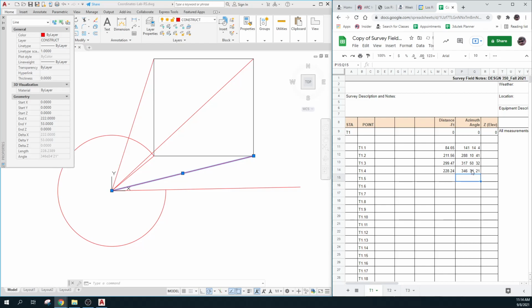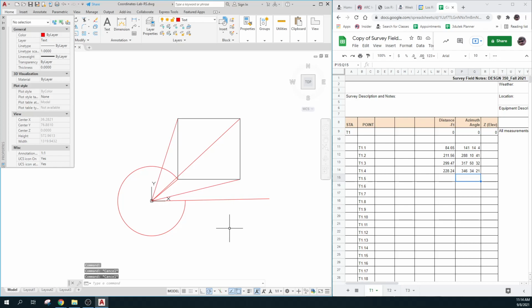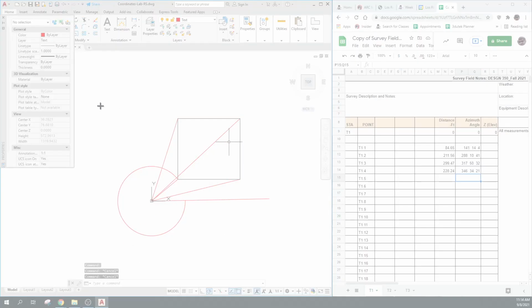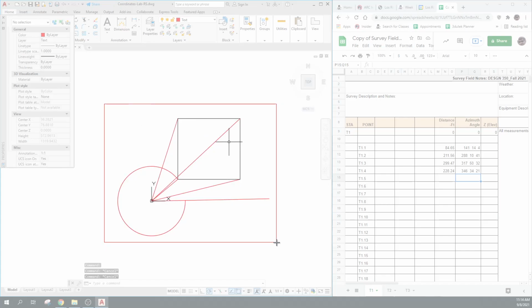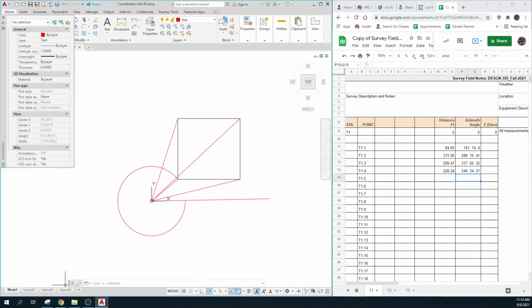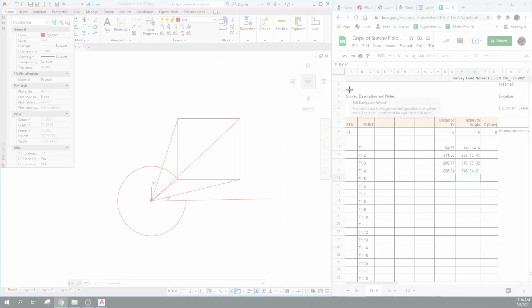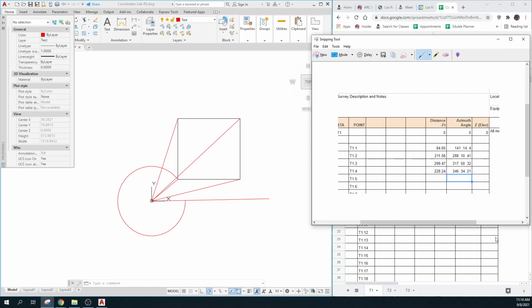And that describes the same property as you did last time, right? Because I'm using all the same stuff. And so what would you do in your submittal? You would take a snip of this as your drawing, maybe do a little bit better, and you would take a snip of this as your data.